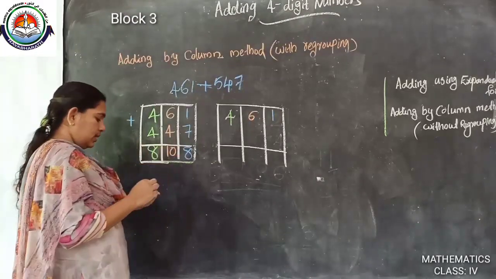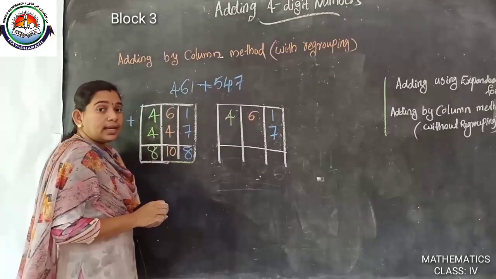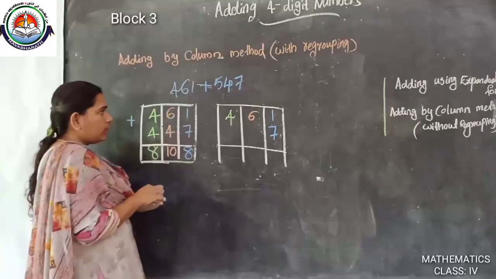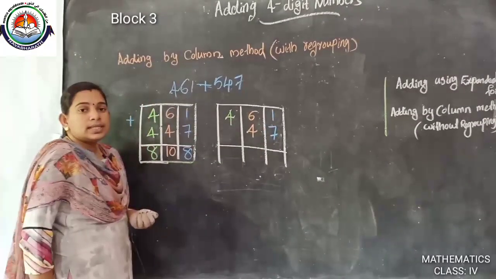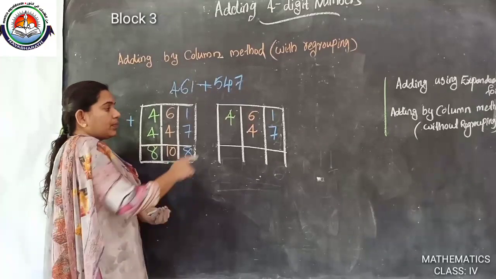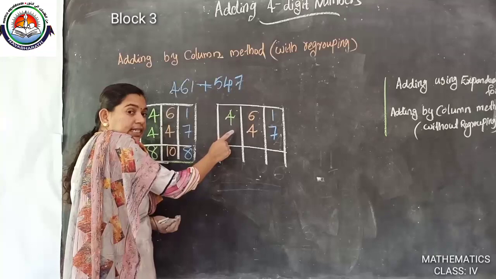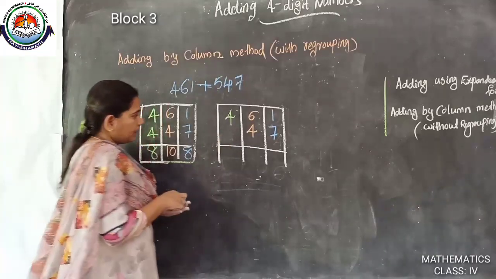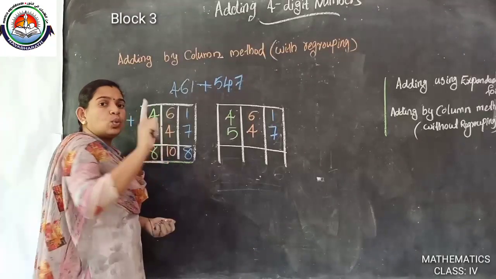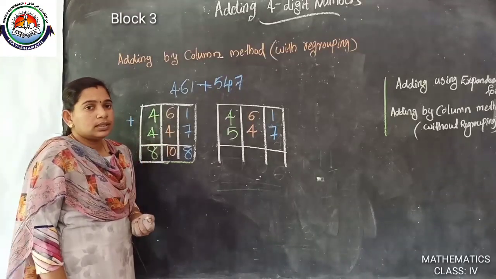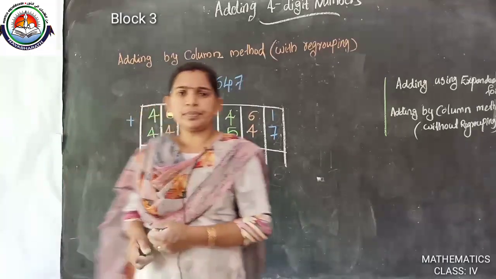Second number: 7, then 4, which we place just below 6. Then 5. She wrote 4 here, but the correct number is 5. So we correct that. That is one mistake.